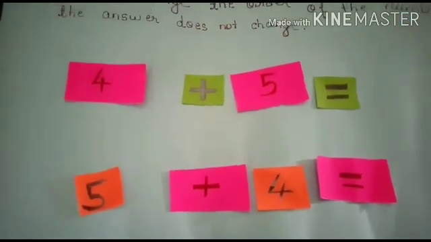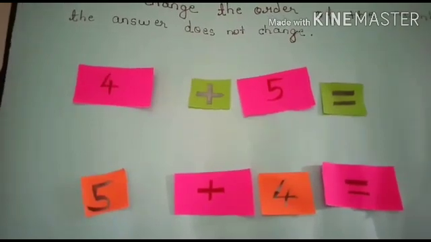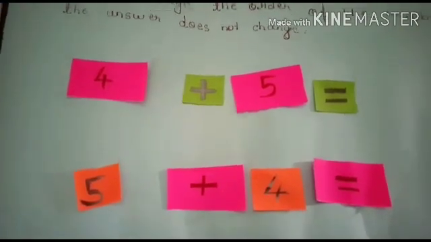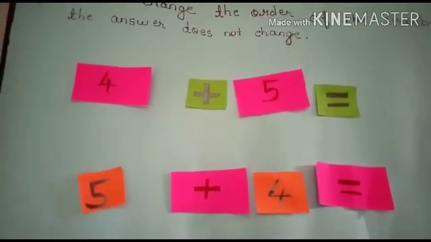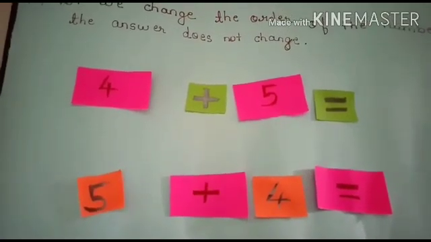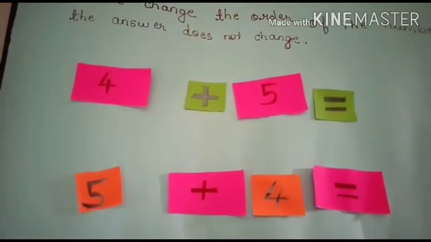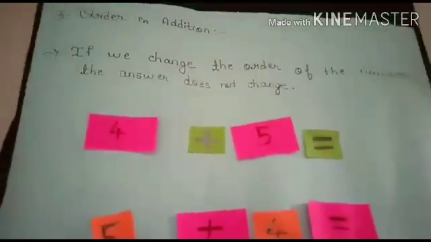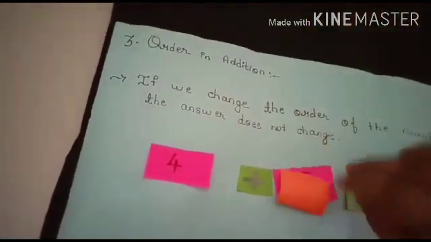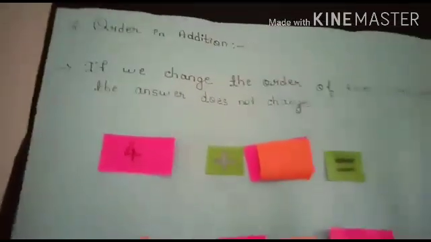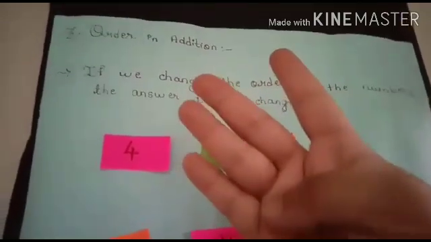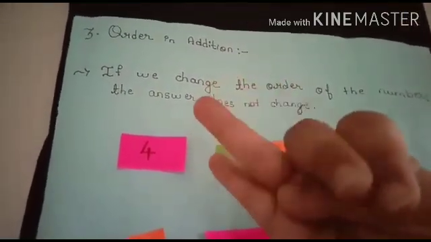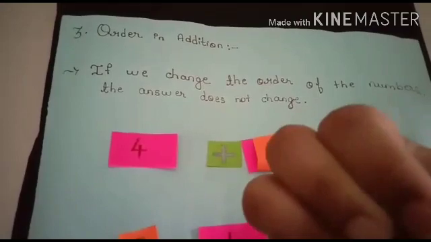So our another example is 4 plus 5, and after changing the order it will be 5 plus 4. So what will be the sum? Here, what is the bigger number? 5. 5 is the bigger number. So we will hide the bigger number. And 5 in my mind, 4 in my fingers. So after 5, 6, 7, 8, 9.